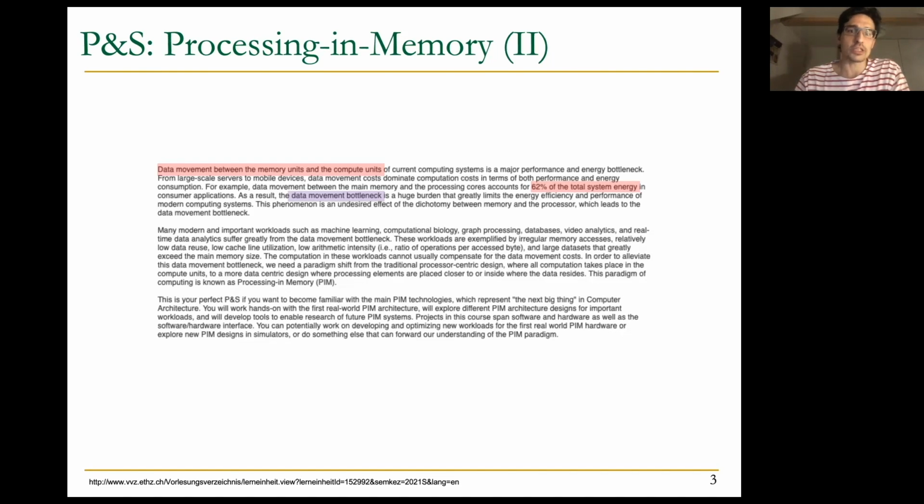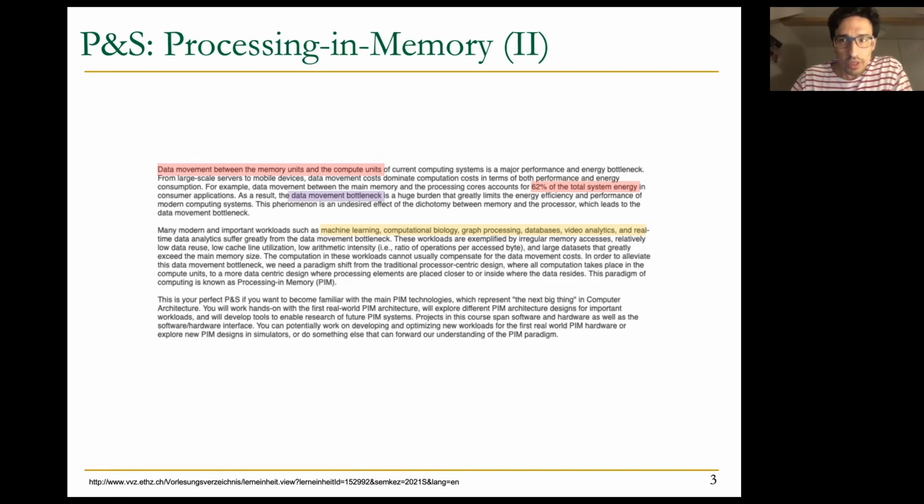And this is not something that happens on certain types of workloads or very rare cases. It's actually completely widespread. Most important workloads these days, like machine learning, especially for inference, but also computational biology, graph processing, databases, video analytics, real-time data analytics, and so on, suffer from the data movement bottleneck.